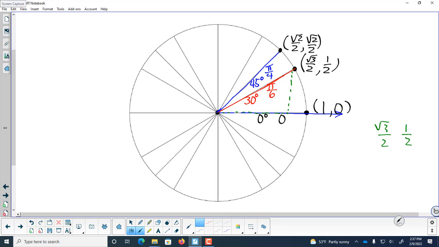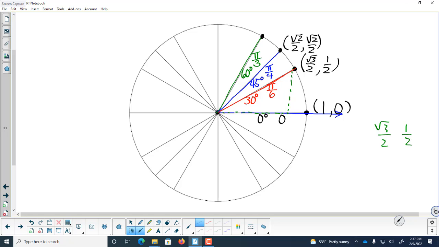Okay. All right, now we're going to tick up. This is the terminal side here. What's that angle going to be? 60, which is pi over 3. What are the coordinates of that point? They're just reversed of this, right?